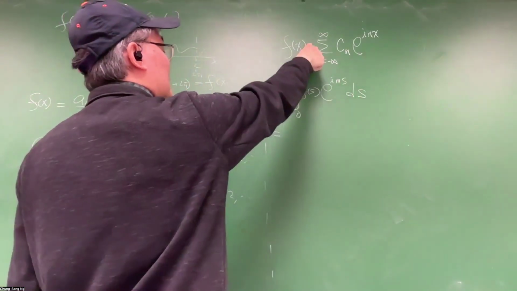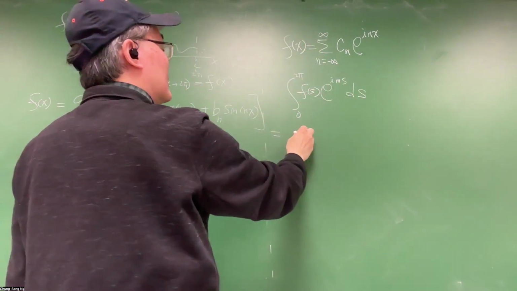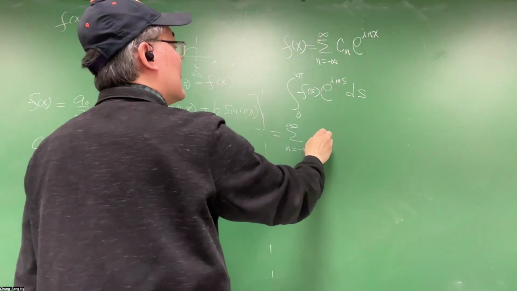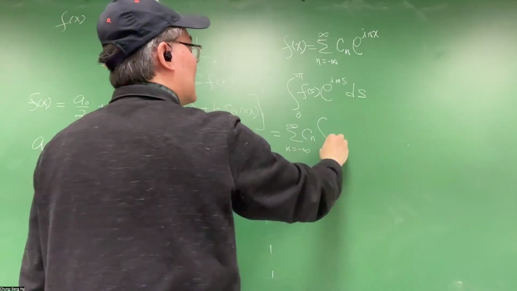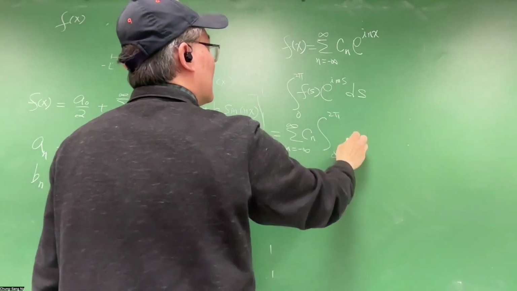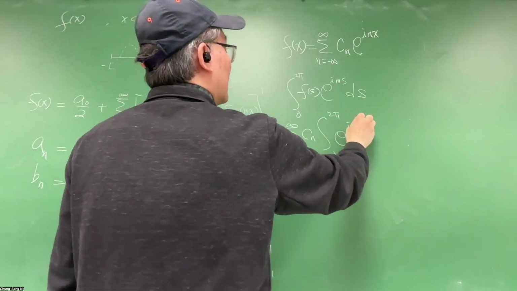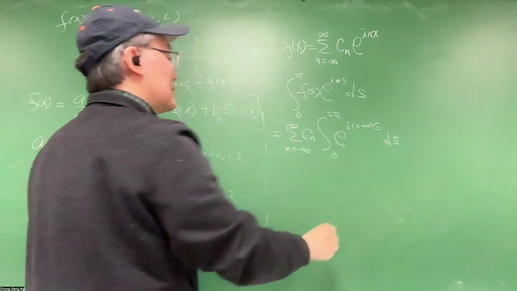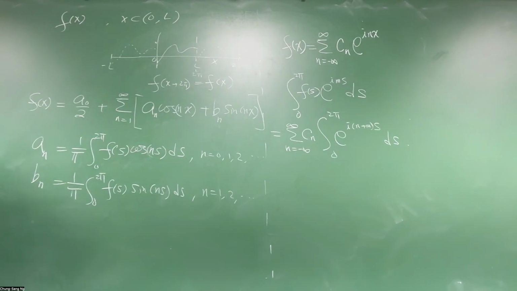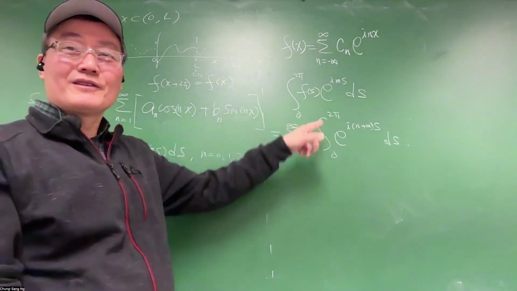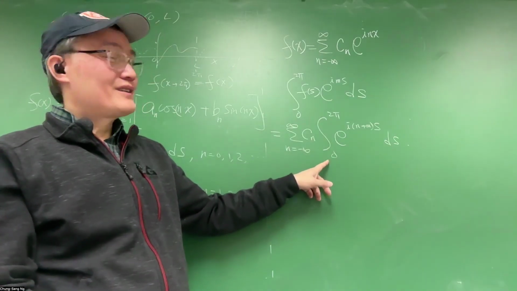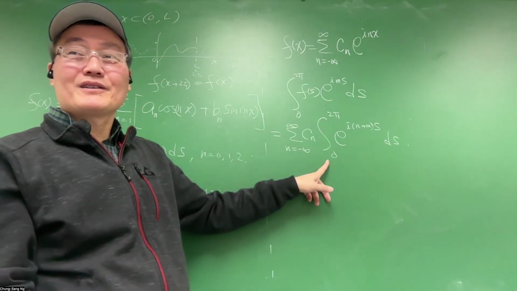And the idea is just to put this in here. This equals the sum over n from minus infinity to infinity of c sub n, integral from 0 to 2 pi of e to the i (n plus m) x. And what is this? Now that we bring all the complex variables in, what would this integral be?